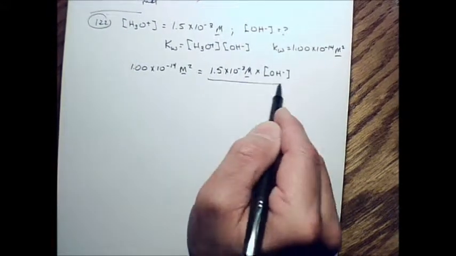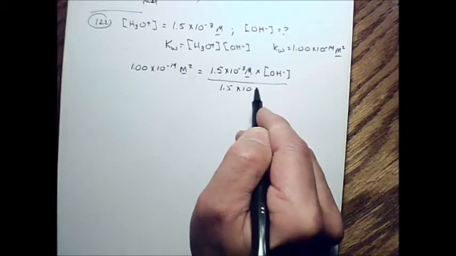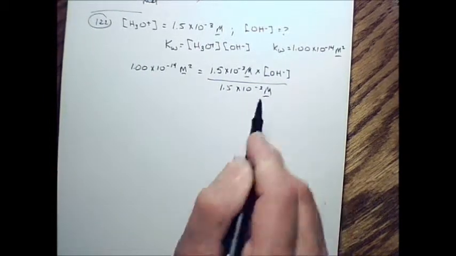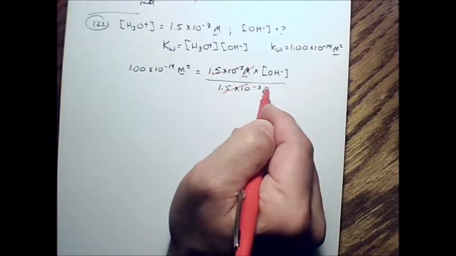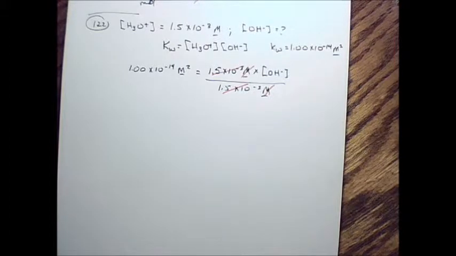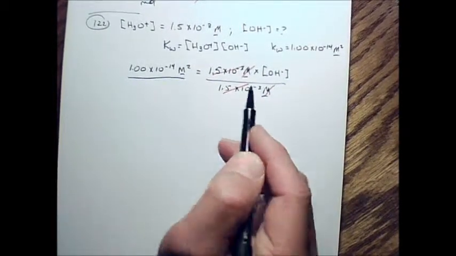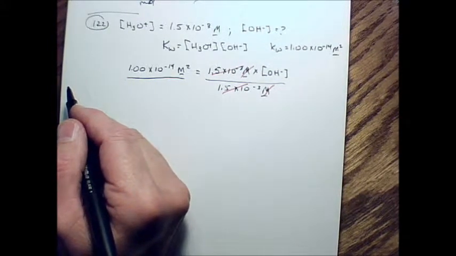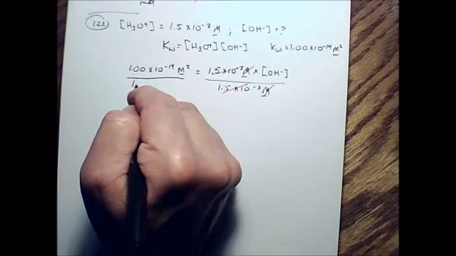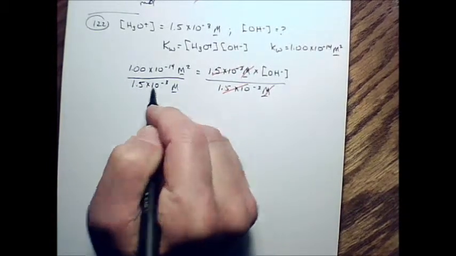That will get rid of it, and allow us to cancel this number and this measurement unit. But you can't just do that without also doing the same thing to the other side. Whatever you do to one side, you must do to the other side of an equality like that. So we're going to divide this side by 1.5 times 10 to the negative 3 molar.